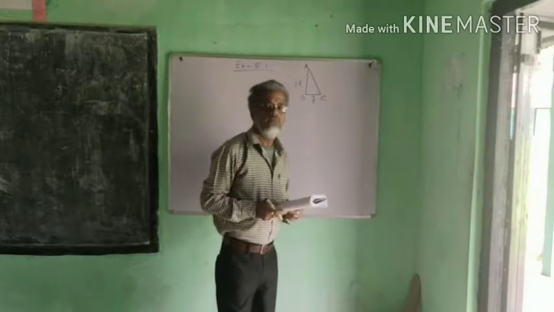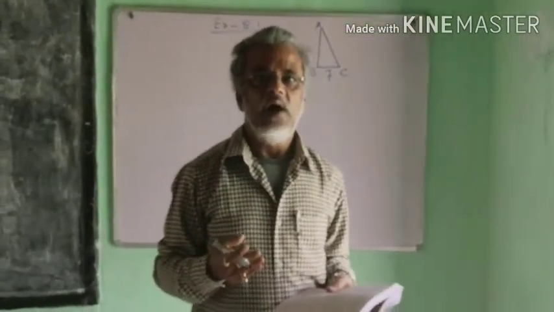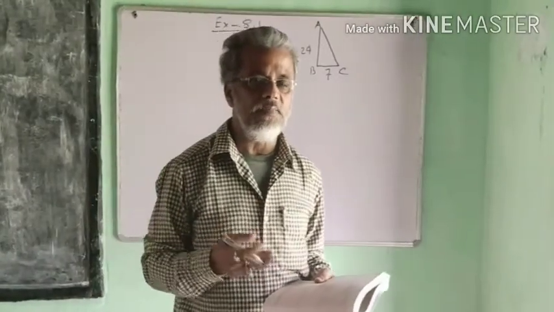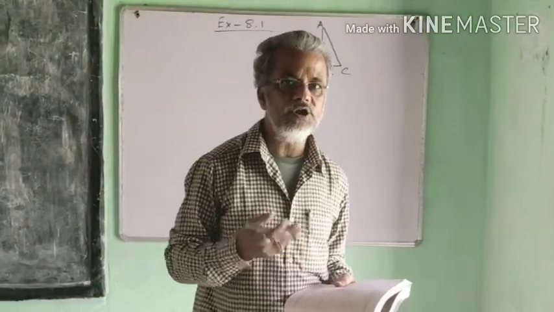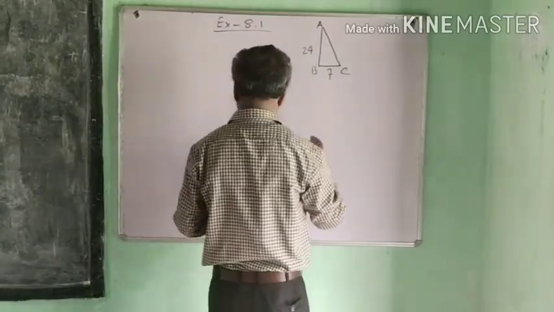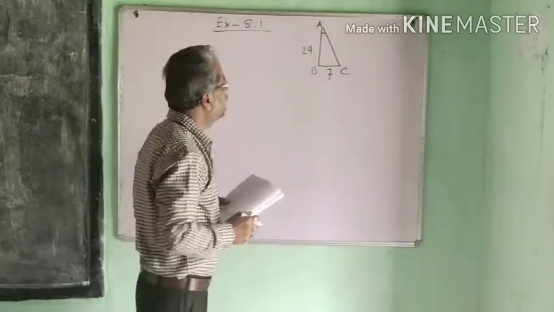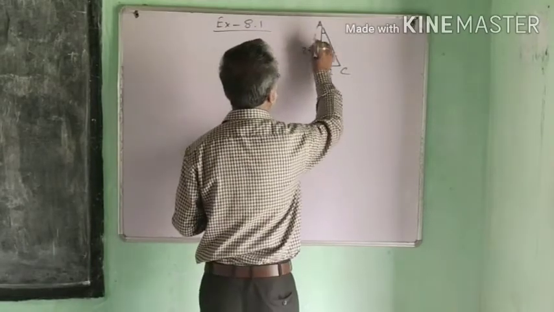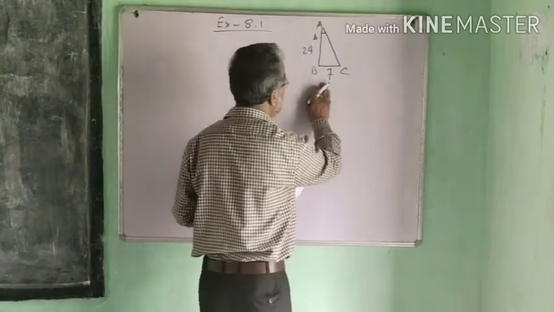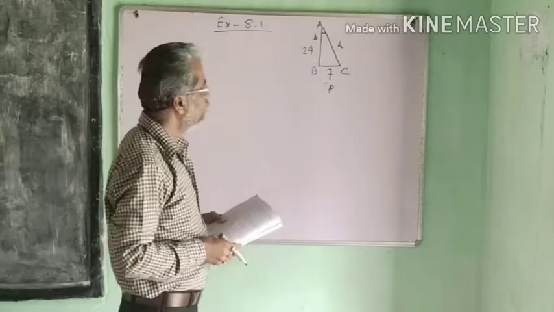We know sin is the ratio of perpendicular and hypotenuse. Perpendicular is to hypotenuse. Here, if we take A as the acute angle, then AB is the base and BC is the perpendicular, and AC is always the hypotenuse.